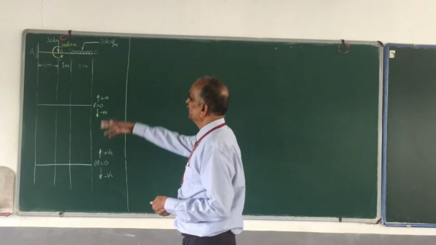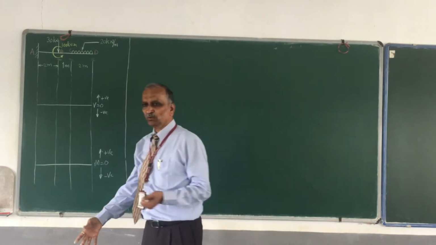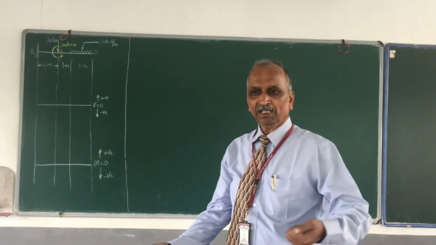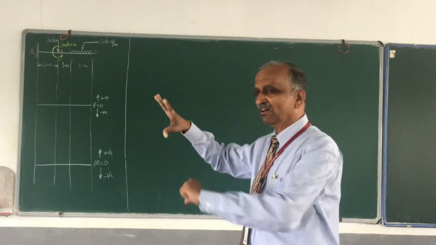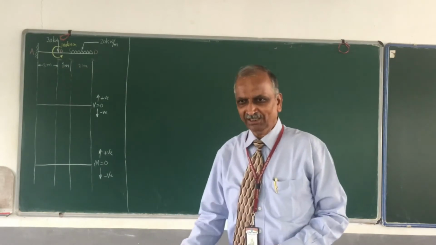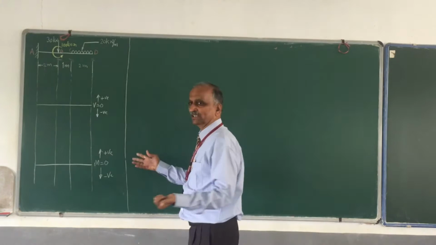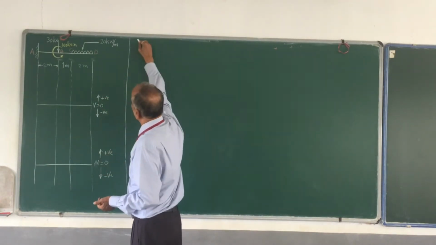Probably in our previous classes, we have taken only one load at a time: only point load, only moment, only uniformly distributed load. Now I have mixed all that, and that is normally the case we come across in the examination or in practice.